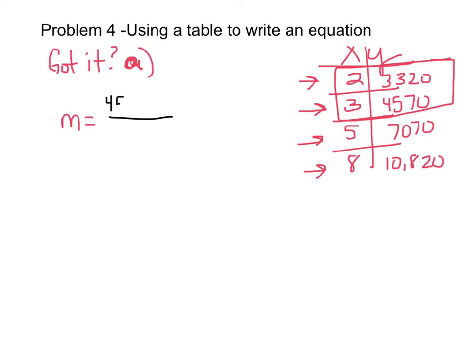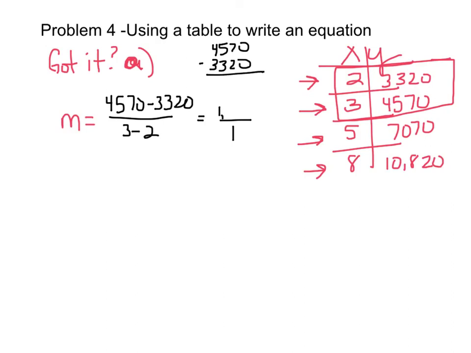So that'd be 4,570 minus 3,320 over your x's, 3 minus 2. So 4,570 minus 3,320, that gives us 1,250. So my slope is 1,250 over 1.